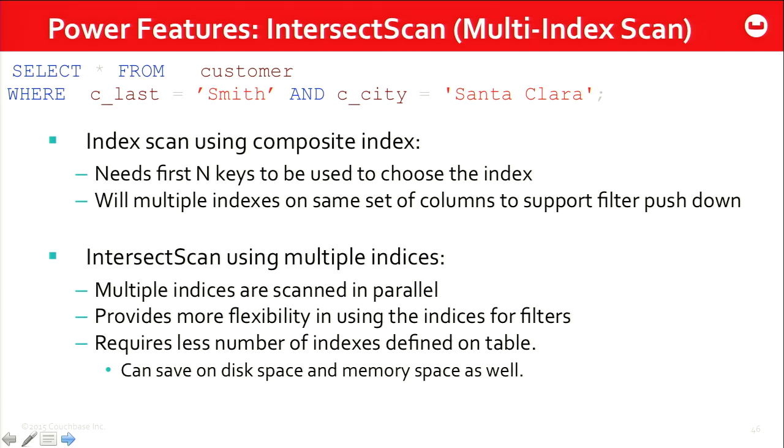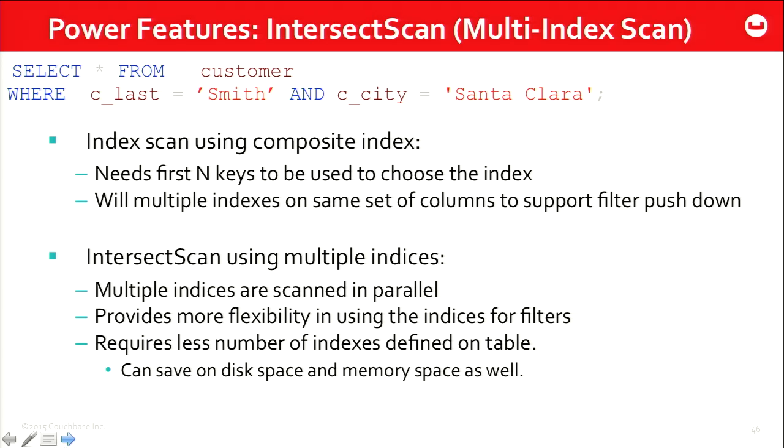Multi-indexes. You have seen examples of composite indexes earlier. You can create composite indexes with anywhere from 1 to 4,000 keys. The first n keys have to be matched in the predicate for us to choose the index.